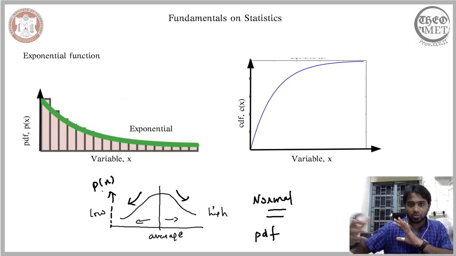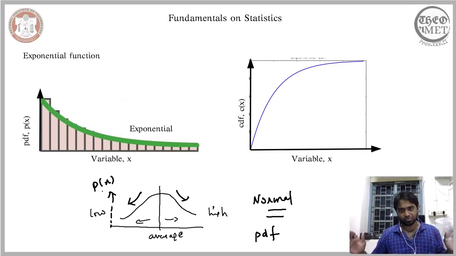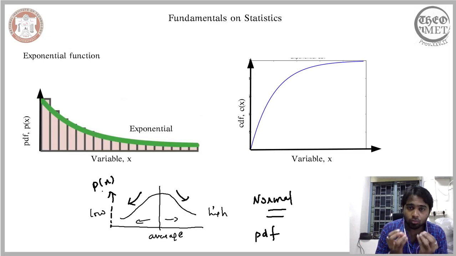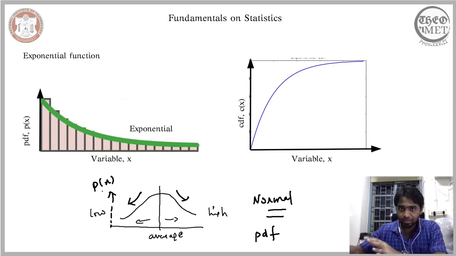Now when we have the PDF for any distribution, we have considered the normal distribution, and we have also considered the exponential distribution, and when we have the probability density function for these two distributions, it is possible for us to estimate the probability of a member assuming a specific value.